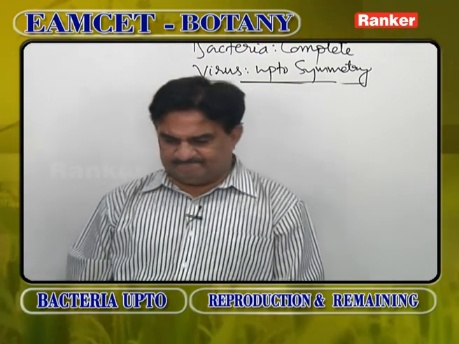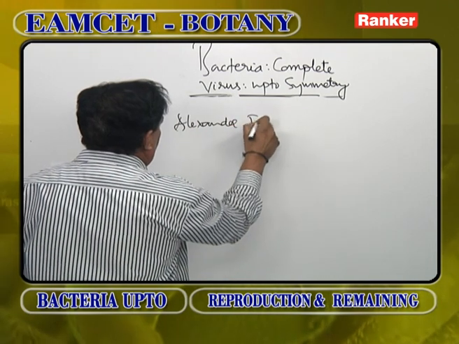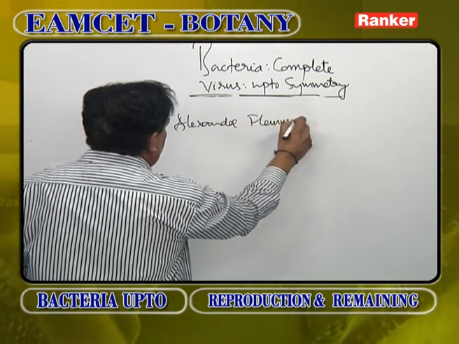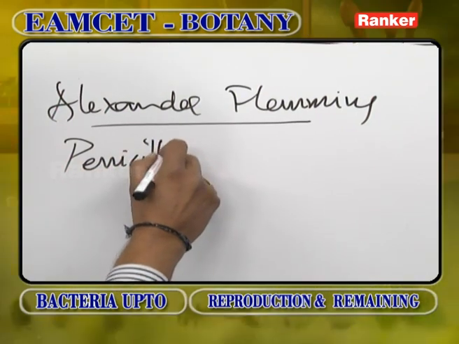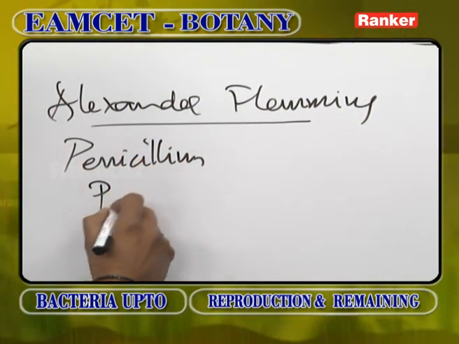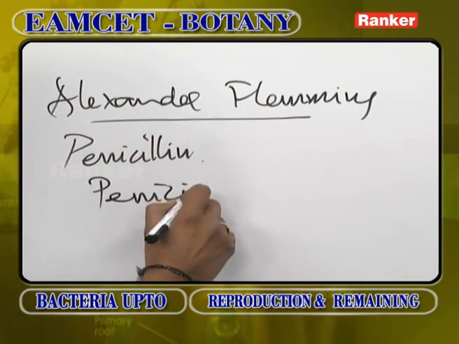In the following, Alexander Fleming discovered which antibiotic? The name associated with Alexander Fleming is penicillin.